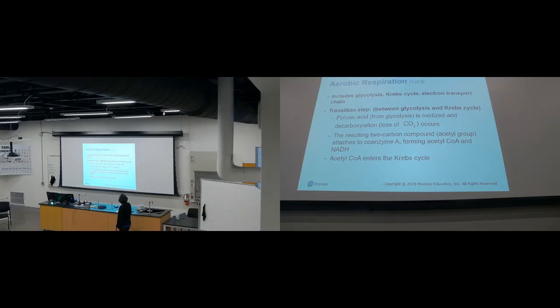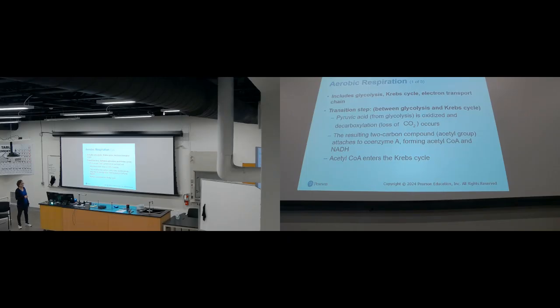In order to transfer molecules that can be utilized by the Krebs cycle to produce ATP and these carriers of electrons, which are NADH and FADH, NAD and FAD, you have to convert pyruvic acid into something that can go into the Krebs cycle.